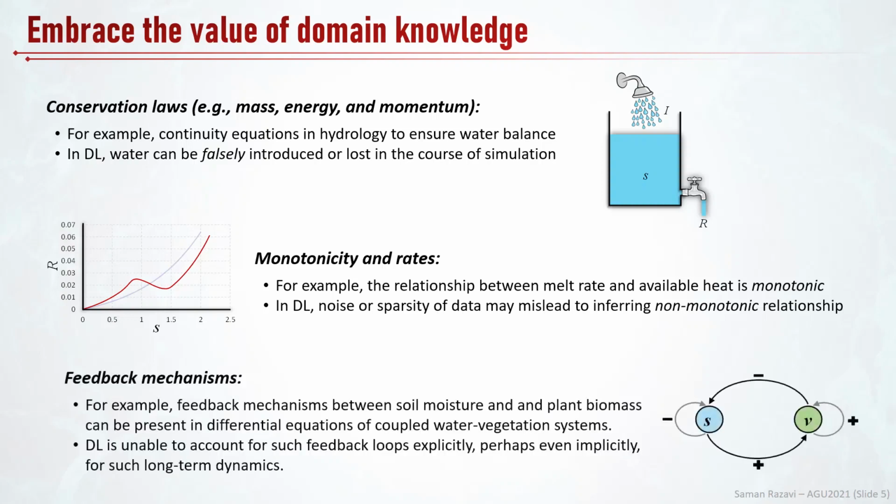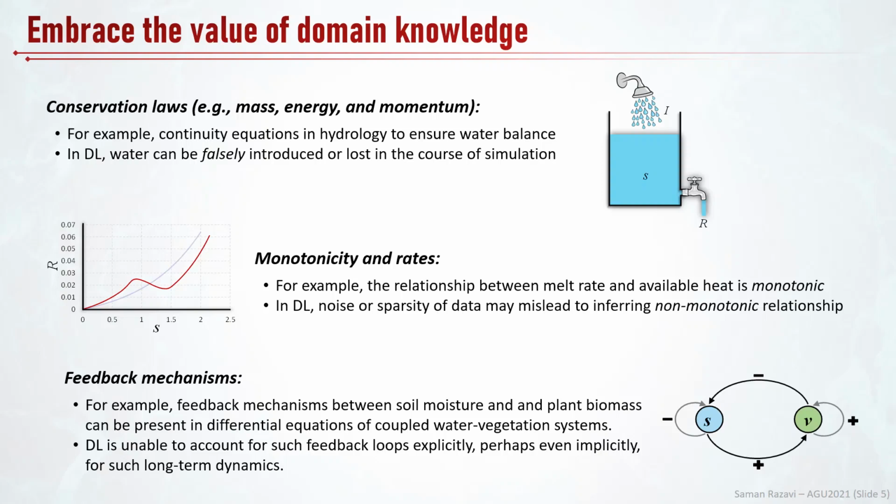Another type of knowledge is about feedback mechanisms in real-world systems. For example, consider a coupled water-vegetation system in which precipitation, available soil moisture, and plant biomass interact in complex time-dependent ways, even at times creating positive feedbacks that stabilize the system's behavior.